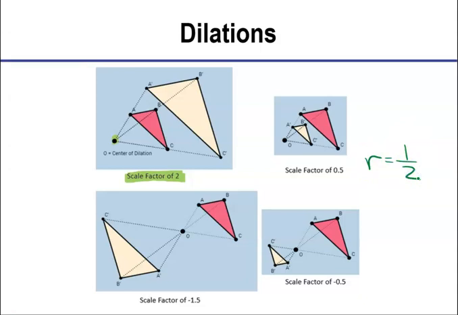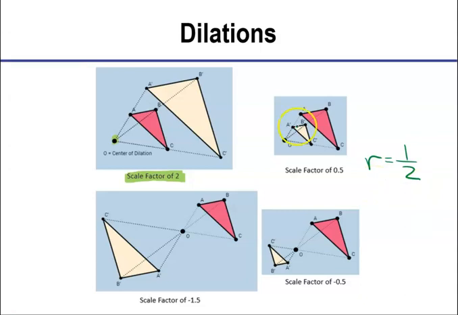Okay, now your pre-image, or your original image, is the one in red. I want you to notice that. Red is your original image, and then your dilation is in the beige color here. So if you have a proper fraction or a decimal between 0 and 1 as your scale factor, what's going to happen?